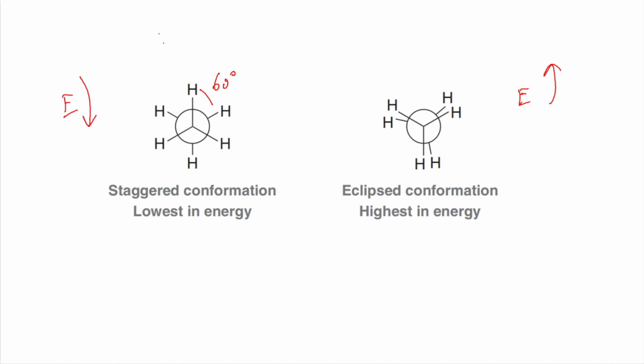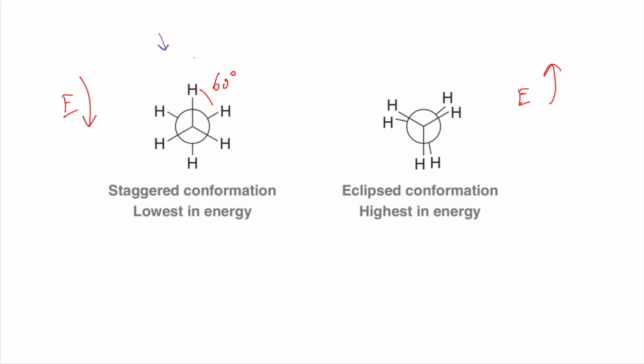For the first one, they're not hiding each other, so you can see every atom in front. But the second conformation, which is the eclipsed conformation, you put it like this, so you cannot see everything in the front.